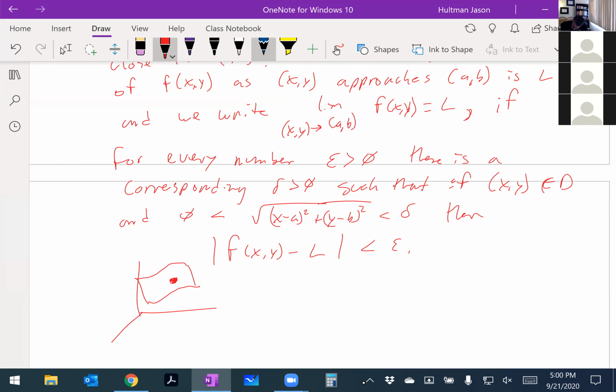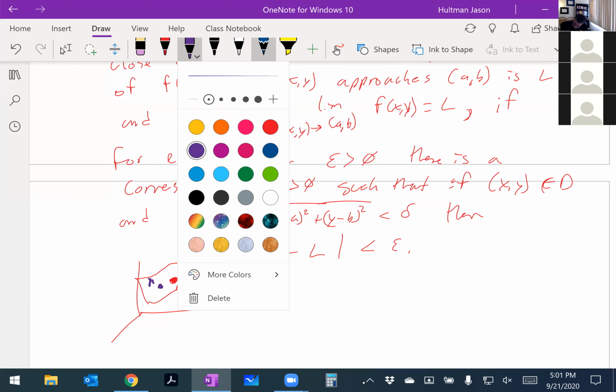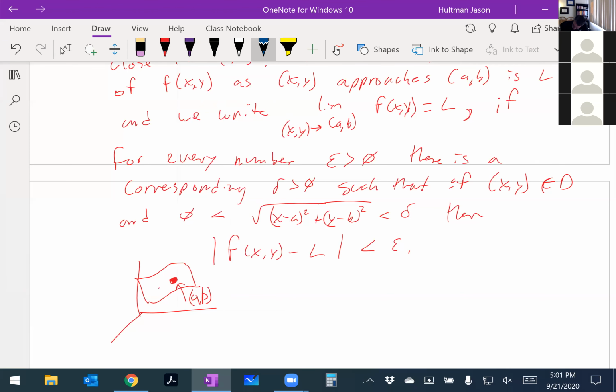So this is a point not on the curve. Let's have the other point not on the curve. This guy here is (a, b). And this guy here is (x, y). Let's make that smaller.